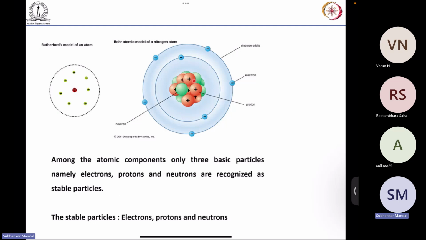In the Bohr model we discussed the nucleus, which has neutrons, neutral particles, and positive charge, and around it different segregated states, called orbitals. In the orbitals a different number of electrons is there. That is the more modern atomic model.